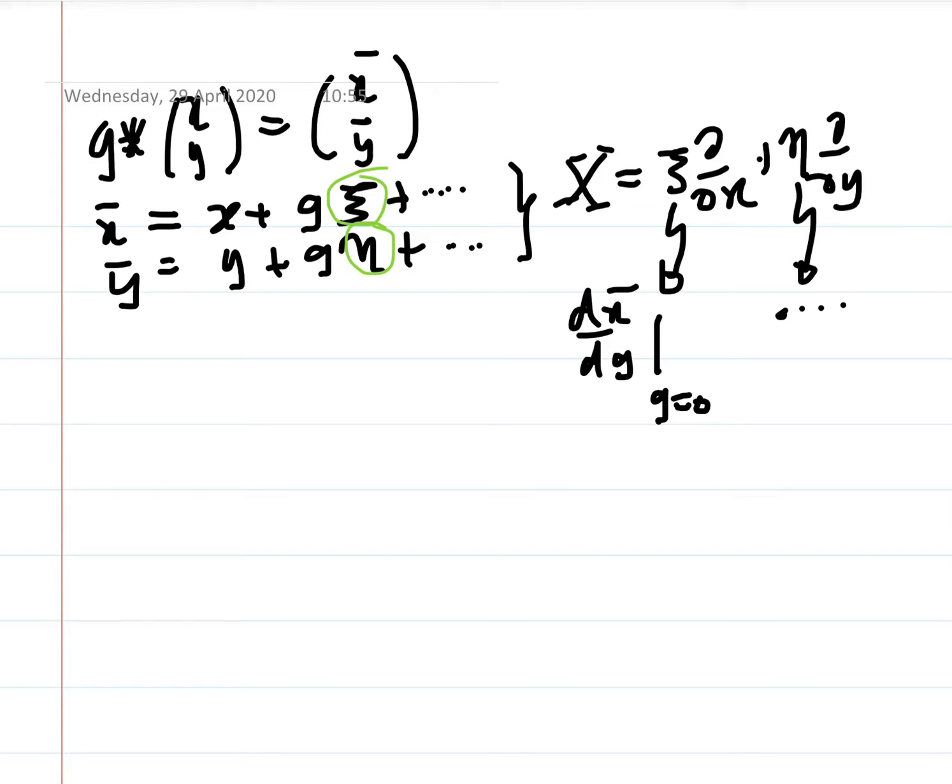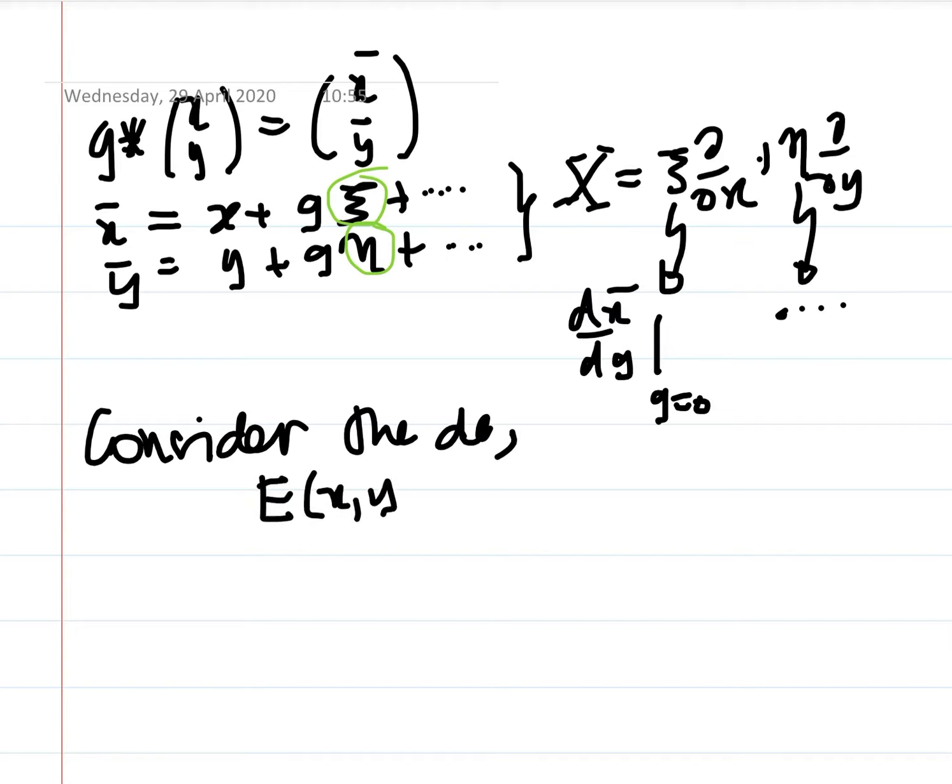Now we're going to consider something that's going to impact on finding the invariance of differential equations. If you consider any differential equation, we have a function involving the independent variable x, the dependent variable y, and the derivative y double dash equal to 0, say.